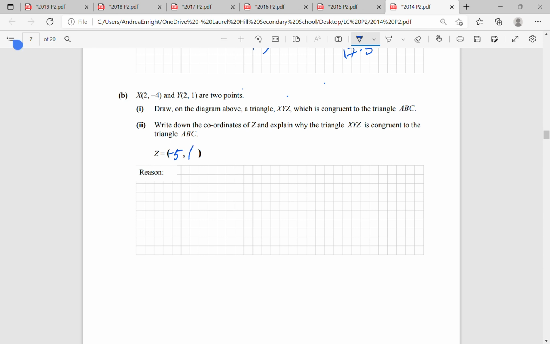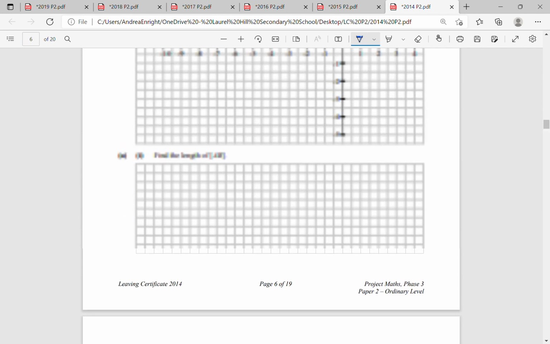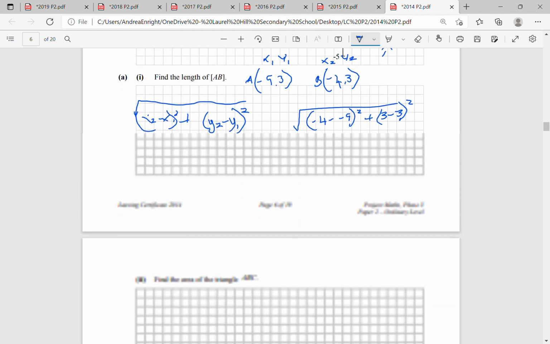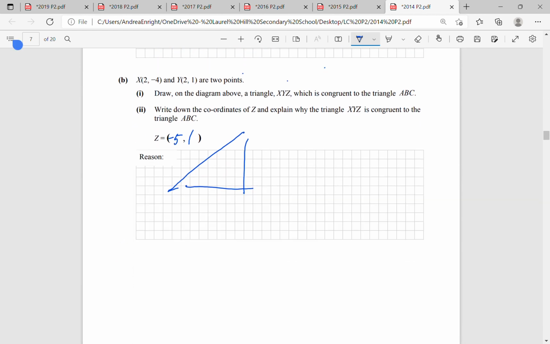Explain why it's congruent. We have one triangle here, labeled ABC, and I know this is a right angle, and I know that measures 5 and that measures 7.